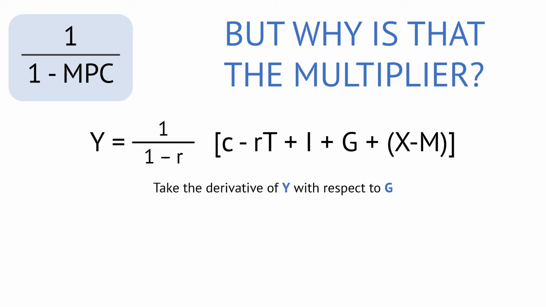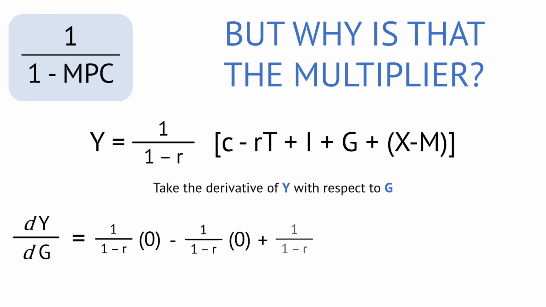And so we can rewrite this as d of y over d of g, so change in y over change in g. And then again, we're taking the derivative of that right side of the equation. When you do that with respect to g, that first term with c leaves us with a 0. Doing it with rt also leaves us with a 0. Doing it with I also leaves a 0.